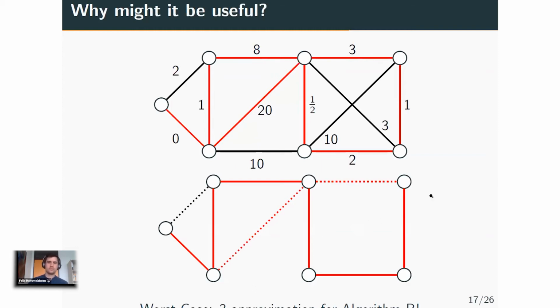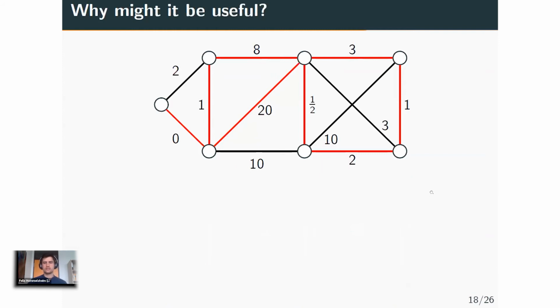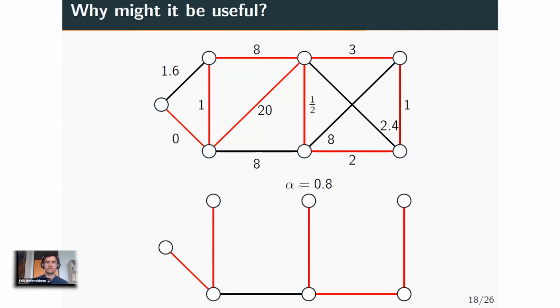Okay, and what happens if we scale the cost? For example, we scale the cost by a factor alpha equals 0.8. This means that all the safe edges here, these four edges, are cheaper now. And you can see that this edge now has weight 8, exactly as this unsafe edge. And we can find this minimum spanning tree like this. This minimum spanning tree is much better than the one before, because here you have bought the safe edge.